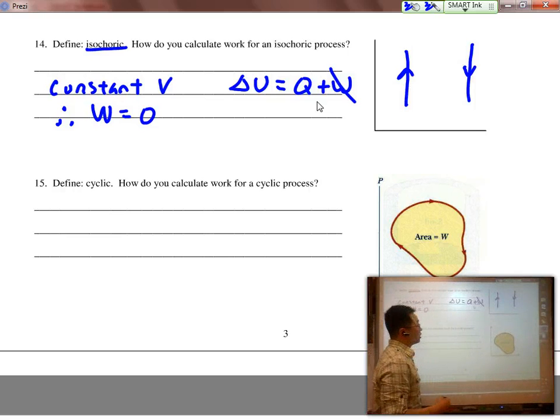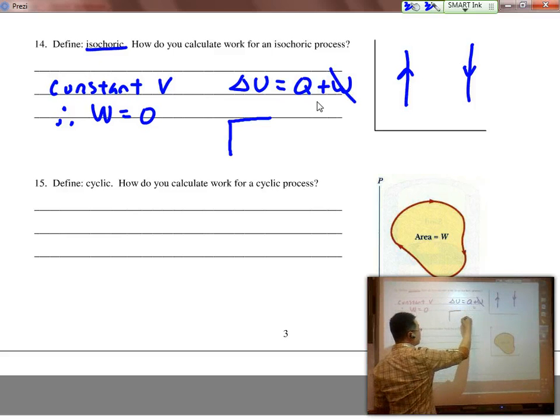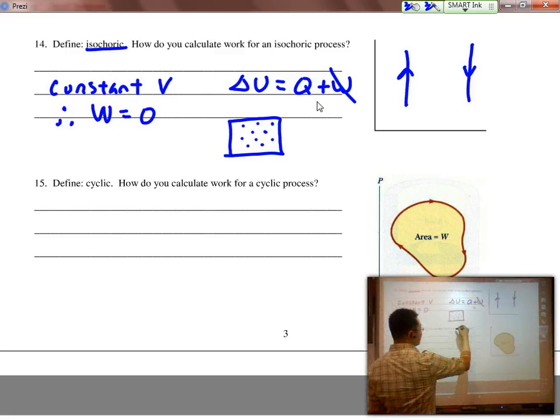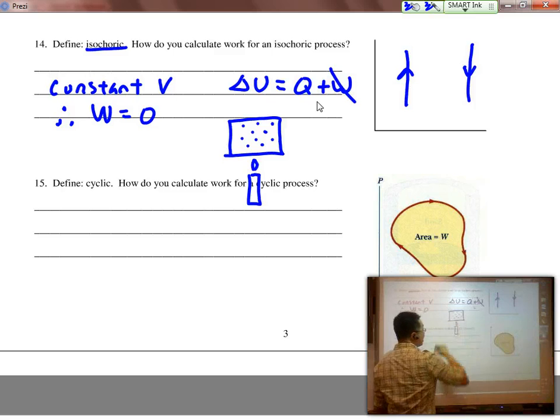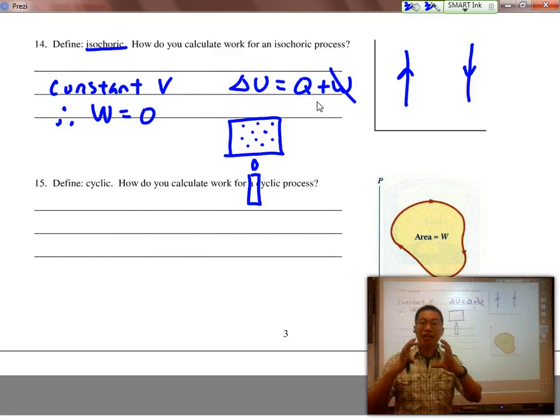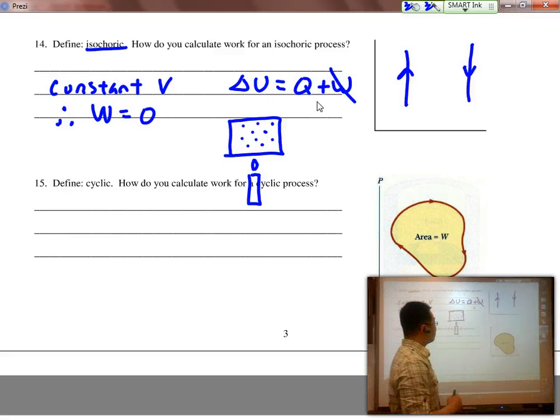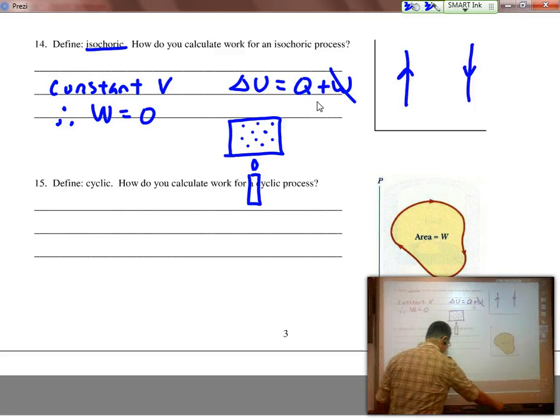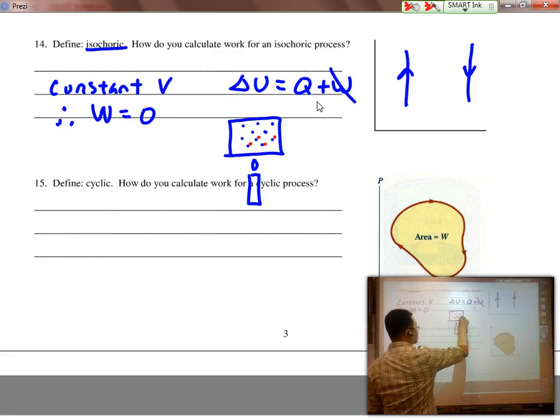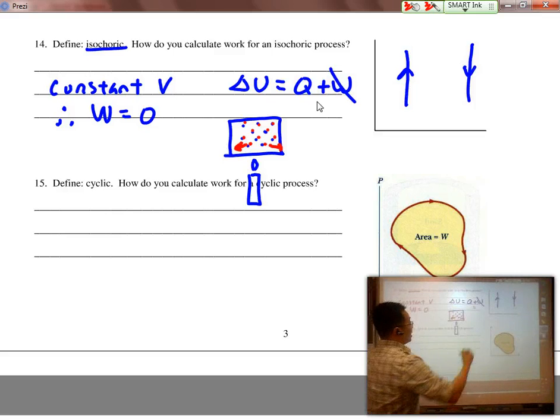Delta U is equal to Q. That means if I took my gas and held it inside a container of some sort, and the gas molecules are bouncing around, if I put a candle underneath and started heating it up, but without letting the box change shape, then these molecules will start getting faster and faster as they're bouncing around. Any increase in heat added automatically increases the temperature of the gas itself.